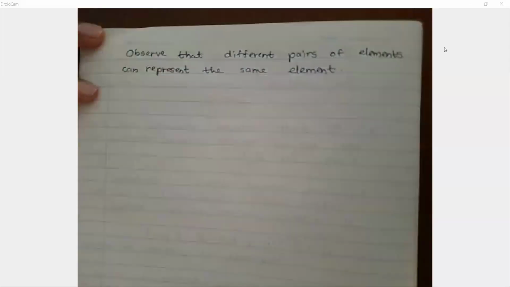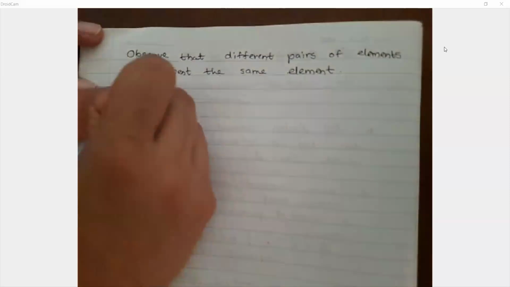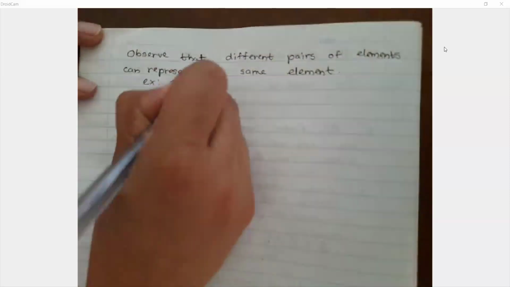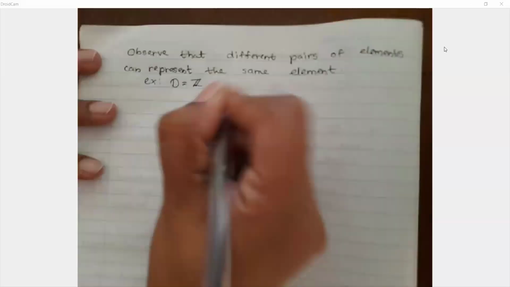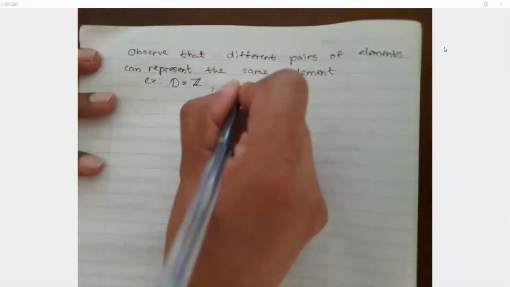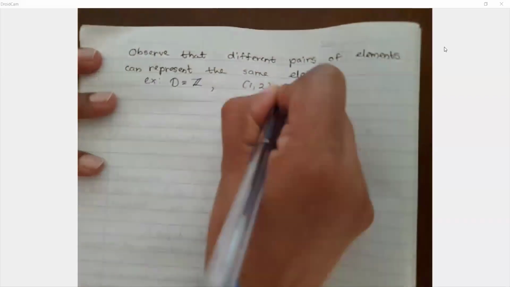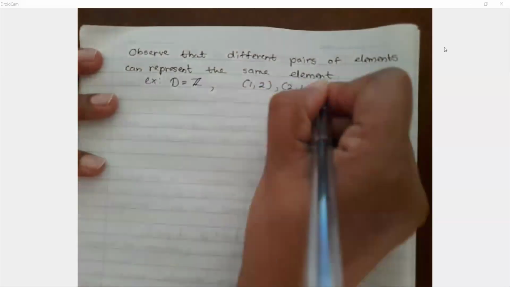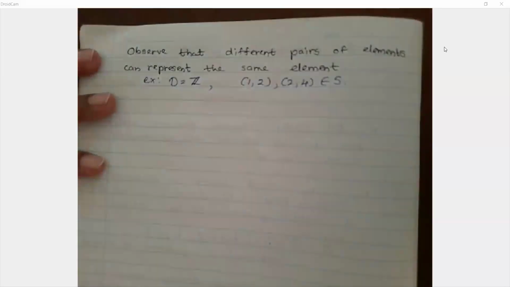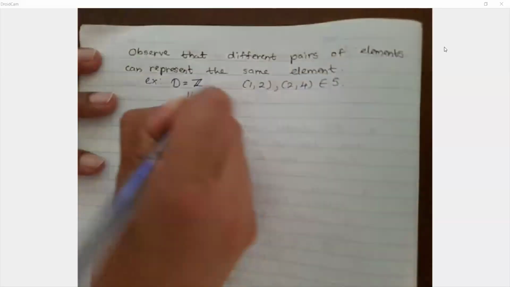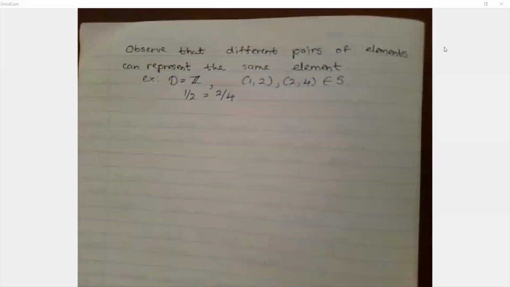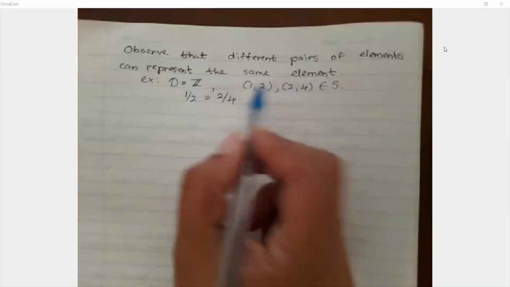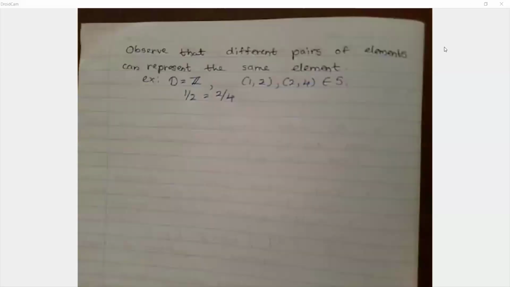If you compare with this example, when the integral domain is Z, you take two elements, 1, 2, and 2, 4 in S, which we defined earlier. We know that 1 over 2 is the same as 2 over 4, right? So even though these two pairs are distinct, they are different, they're actually representing the same element, right?